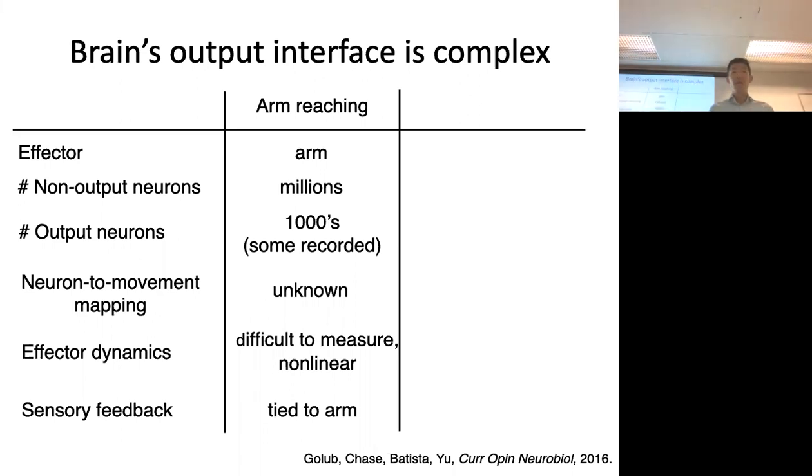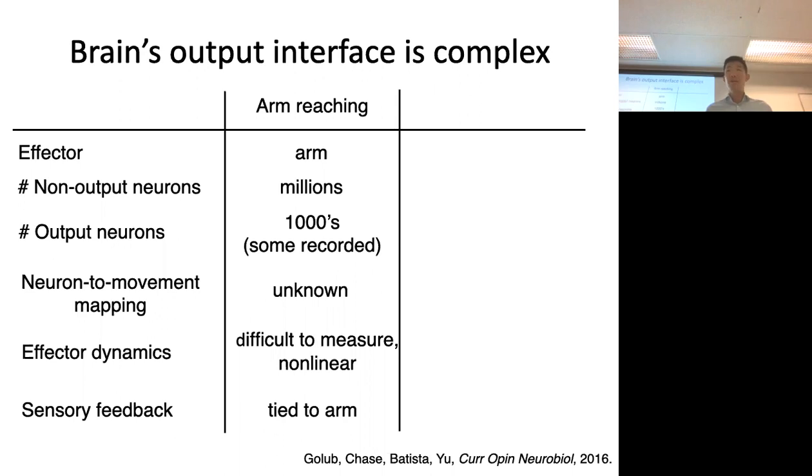The number of non-output neurons, this is all the neurons in your brain, essentially, are in the many millions. The number of output neurons, say these are the neurons that project down the spinal cord, are in the many thousands. And in any given experiment, only a small number of them are recorded at any given time. And oftentimes we don't even know which neurons we're recording from are actually the ones projecting down the spinal cord or not.